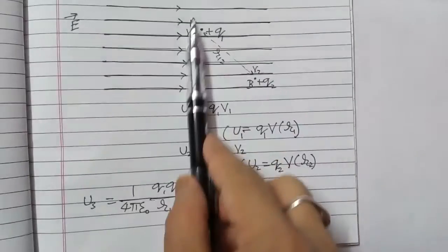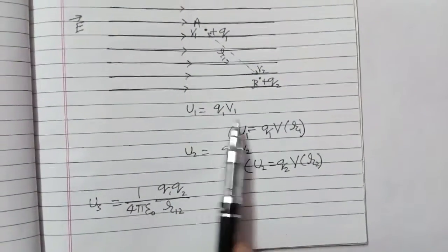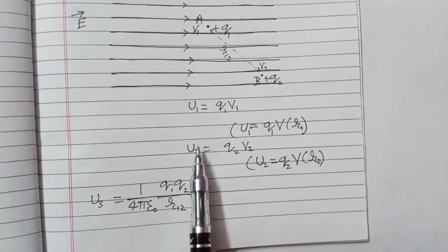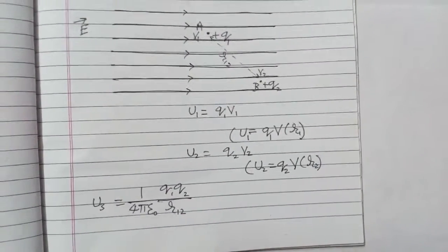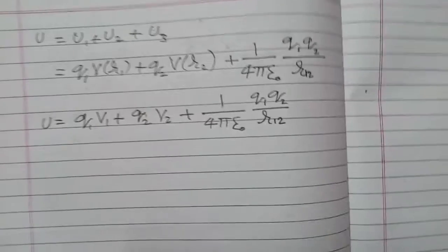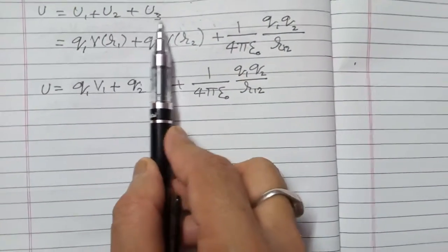Total potential energy of this system kept in external electric field will be sum of all these terms, means sum of U1, U2 and U3. So U is equal to U1 plus U2 plus U3.